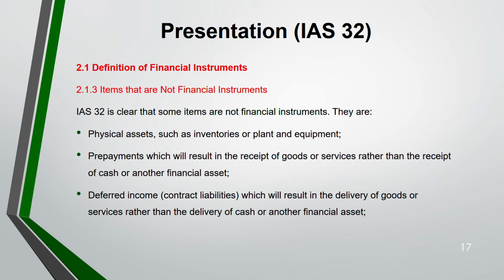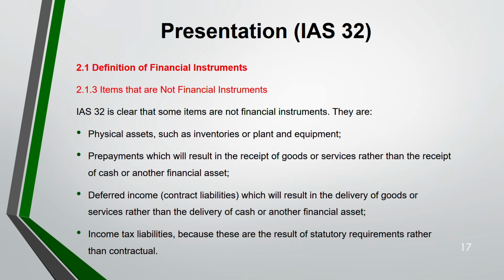Deferred income or contract liability that will result in the delivery of good or service. The main point is you are delivering good or service, not cash. Then it is not a financial instrument. Income tax liability, because they are the result of statutory requirements, not contractual. They are not contractually obligated on you. They are based on the law. So income tax liability is also not a financial instrument.